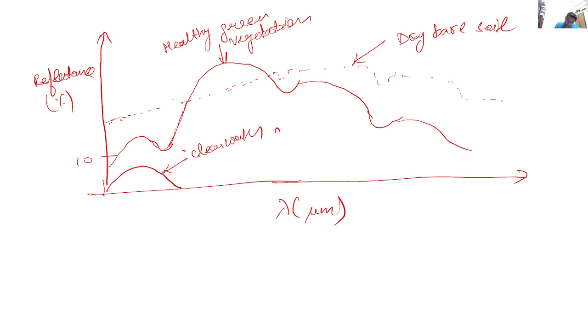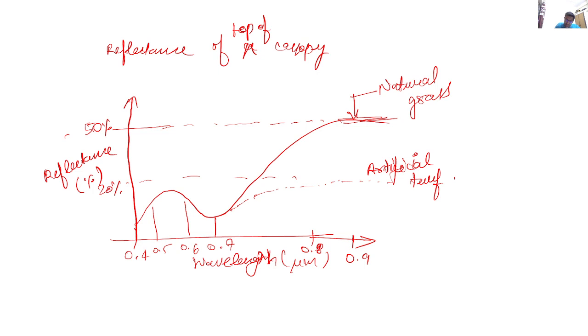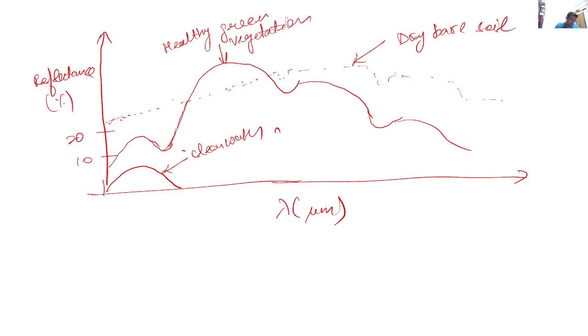The reflectance here may be 10 percent, here it may be around 20. It will vary. It is basically an average spectral reflectance curve, so it will vary definitely. Here it may be 40%. This graph is not made on scale, so beware of that.